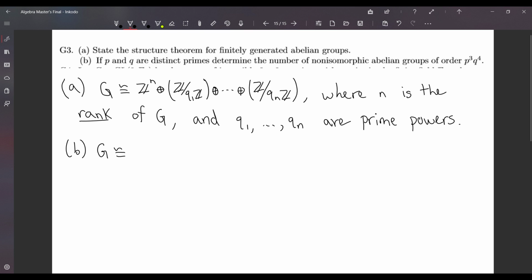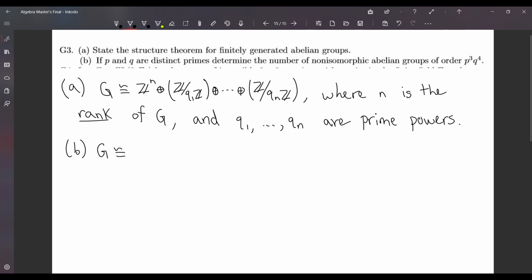G is a finite group, so we don't have to worry about this first term with the infinite cyclic group, Z. We know we're going to have some number of terms involving powers of p, and then some number of terms involving powers of q.